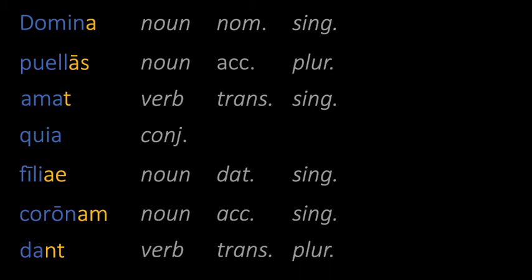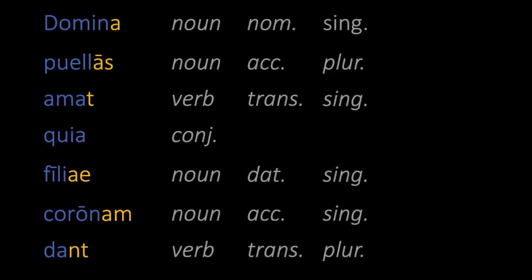Now to figure out how all these forms fit together. Domina is in the nominative and agrees in number with amat, so we'll make that the subject of this part of the sentence. Since puellas is the accusative plural and the verb is transitive, it is likely to be the direct object.